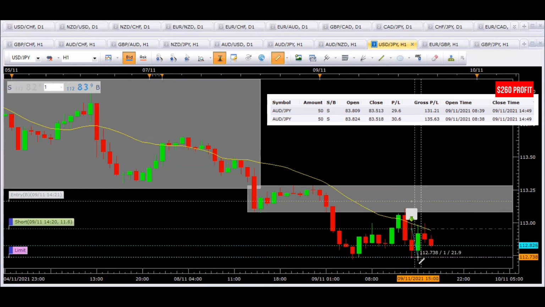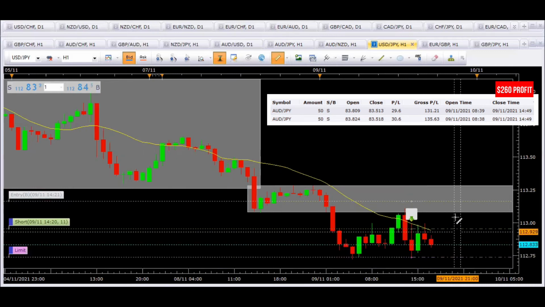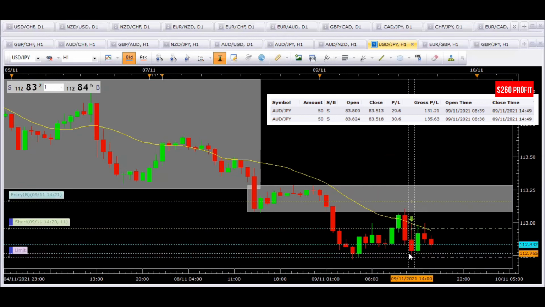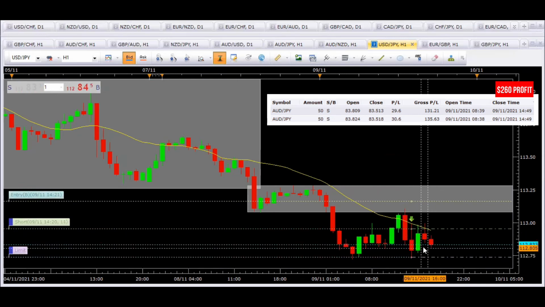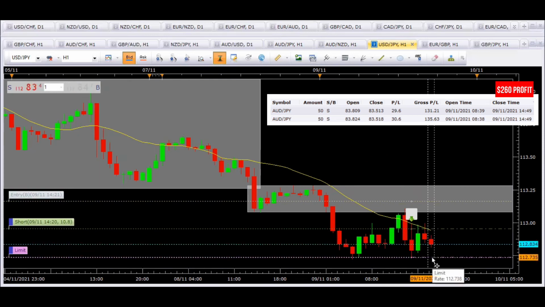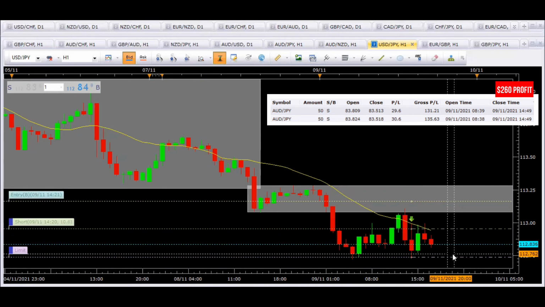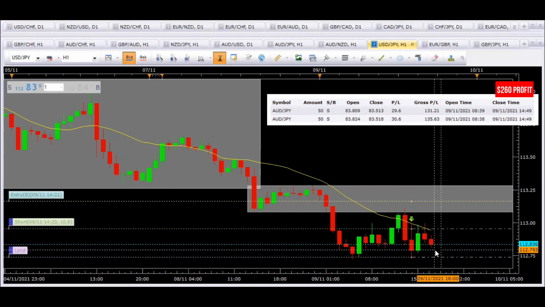I'm still in this trade, so let's see what happens. I almost got filled earlier, but it just missed my target. But I'm expecting price to carry on down. So good trade so far, still in this trade, guys, so let's see what happens.